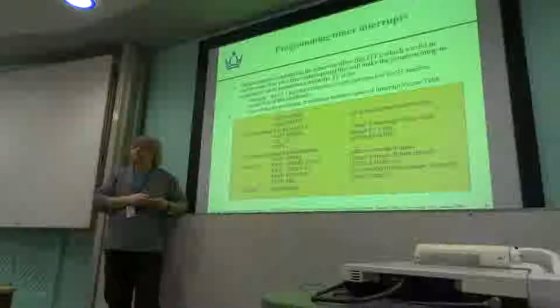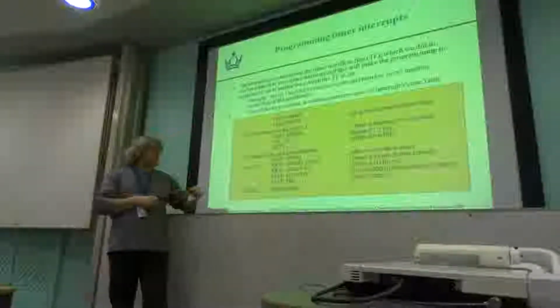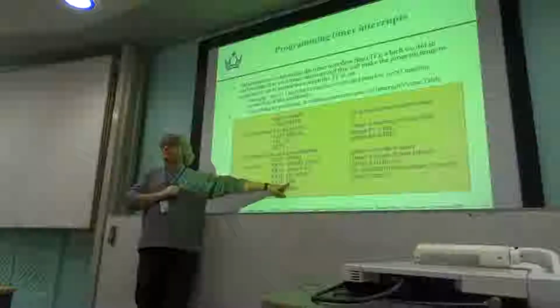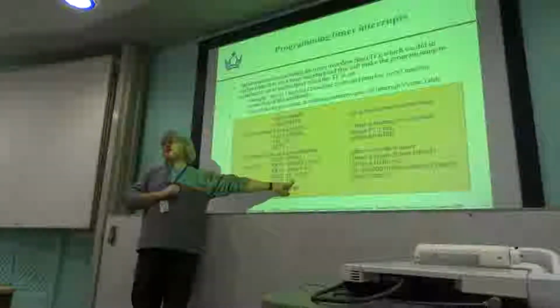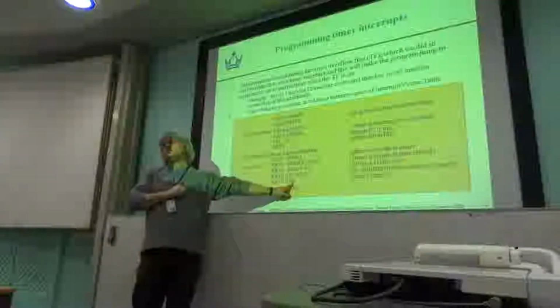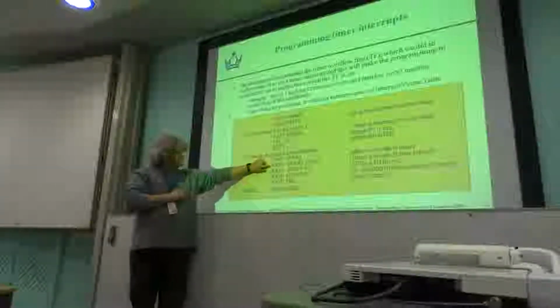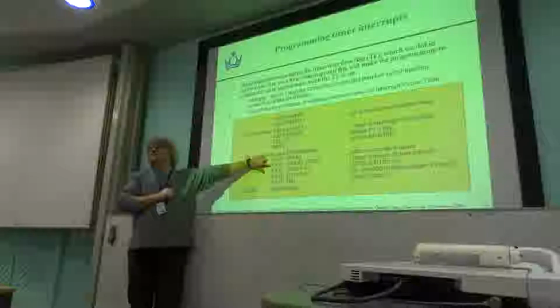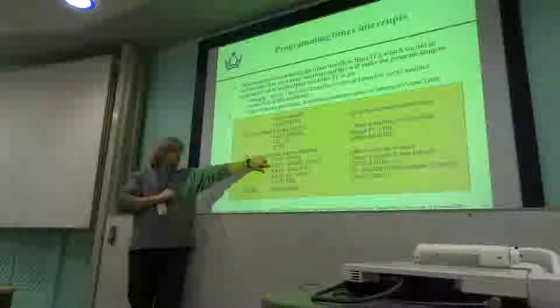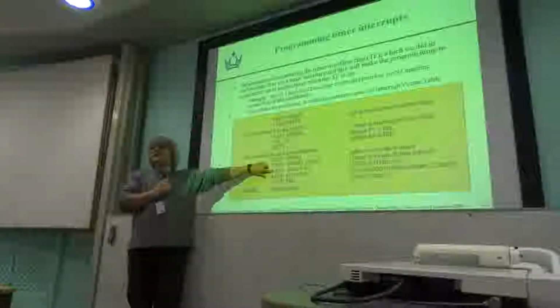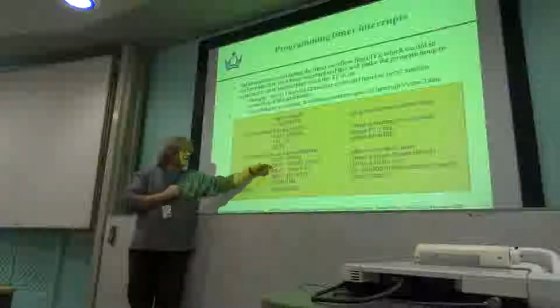TR is to start the timer running. It stands for timer run, and it's a bit in the TCON register. So what we've done here is we've configured the TMOD register for 8-bit auto reload. The reload value we've put in the upper half of the timer here.